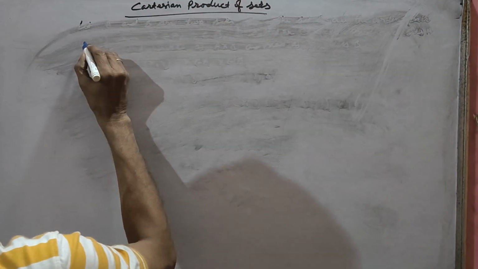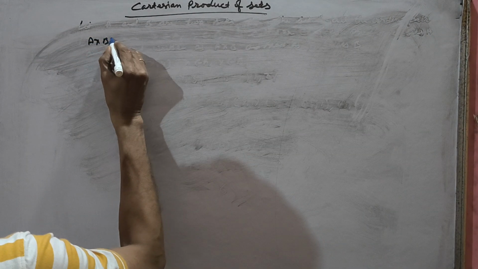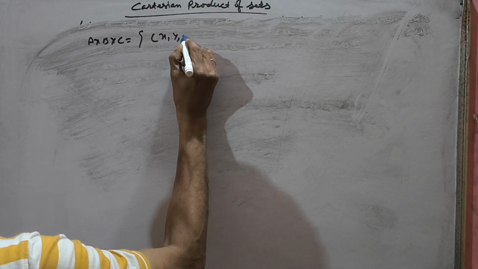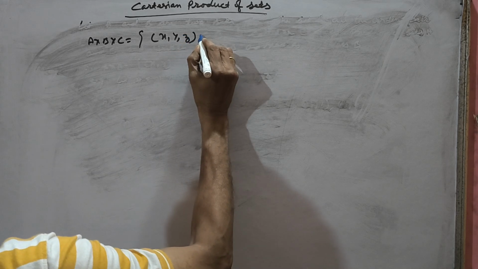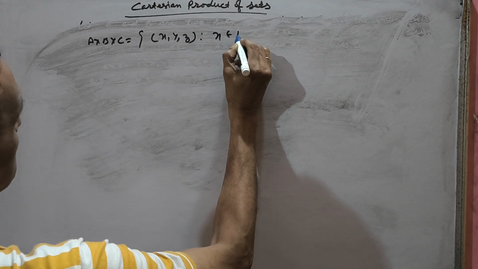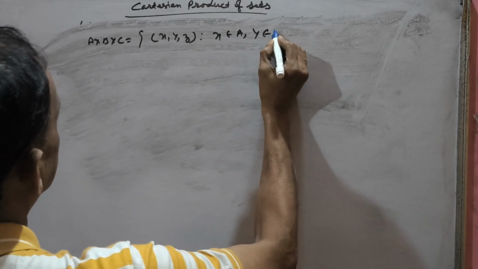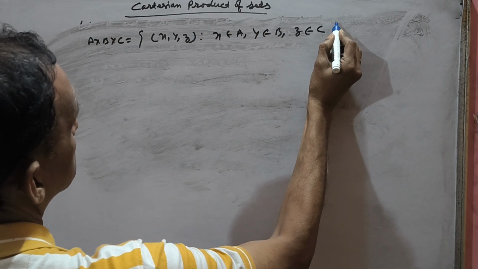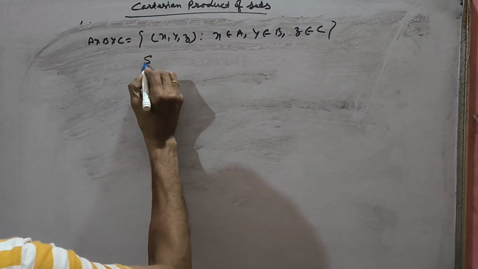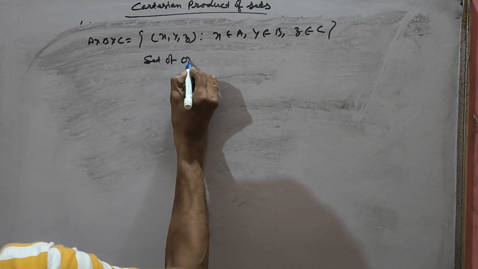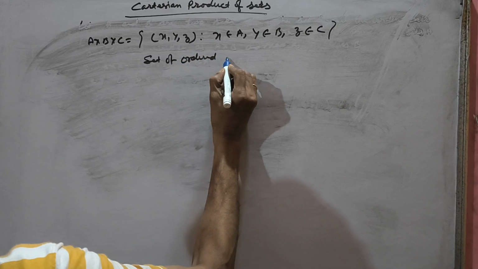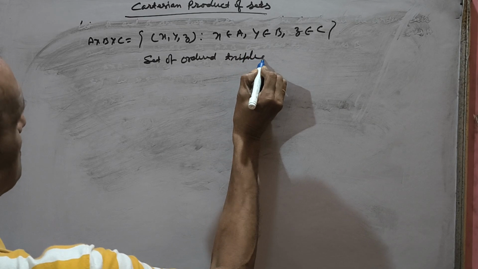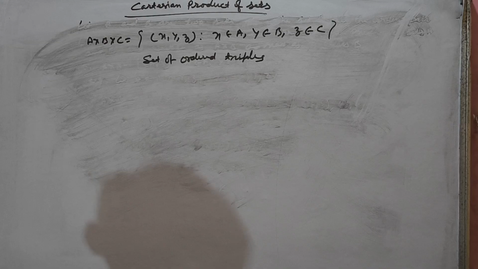We can have 3 sets also: A cross B cross C. Now here you will take (x, y, z) such that x should be an element of the first set, y should be an element of the second set, and z should be an element of the third set. This is called the set of ordered triples. Ordered pair we will not say. This is not a pair, no. This is called ordered triples.